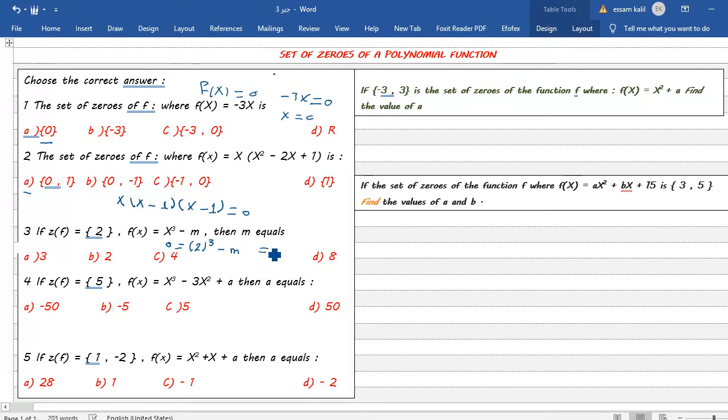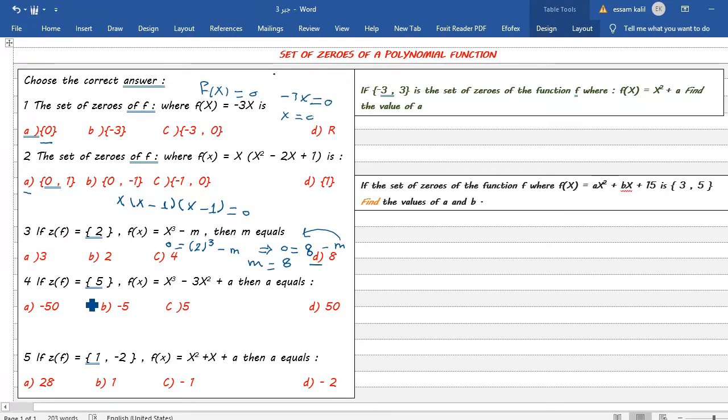Then 0 equals 2 cubed minus m, so 0 equals 8 minus m. Then move m to the other side, it becomes positive. Take the right answer.